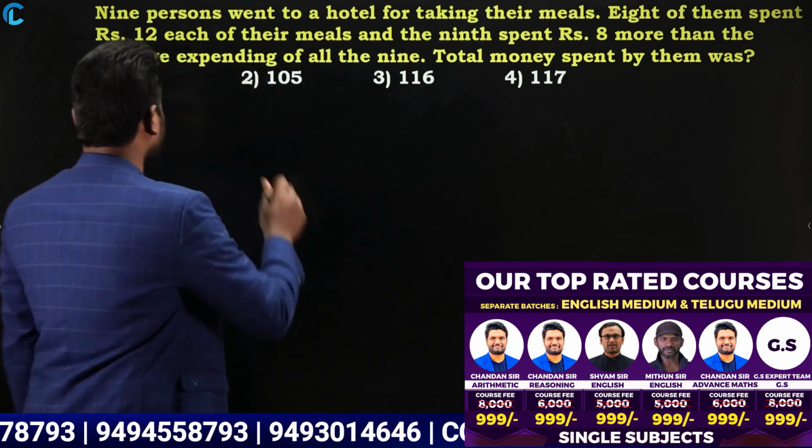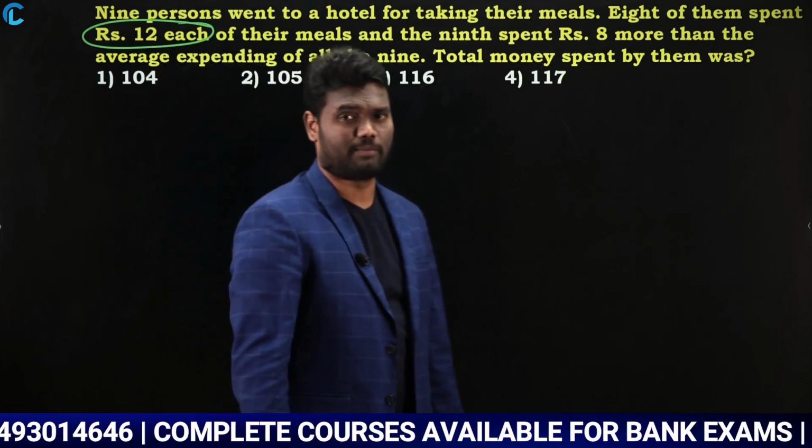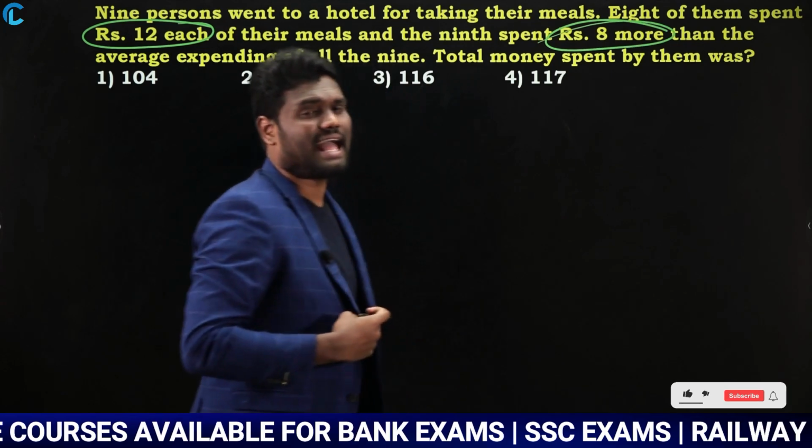In the question it is clearly said that 8 persons spent rupees 12 each. But the 9th person has spent rupees 8 more than the average.